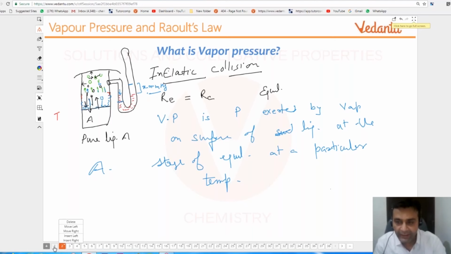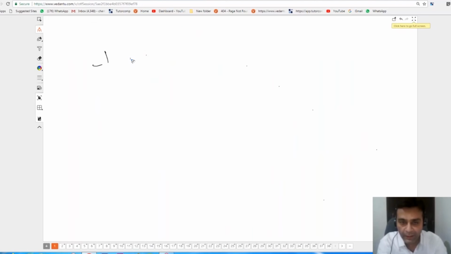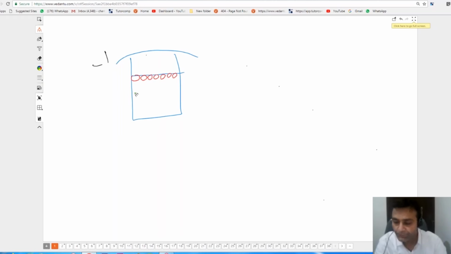Suppose I add a non-volatile solute to this liquid. Can you tell me the meaning of the word non-volatile solute?